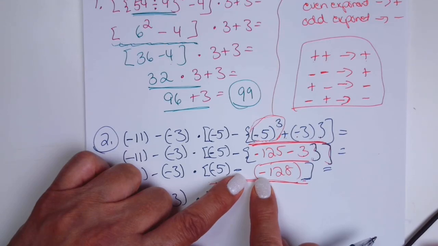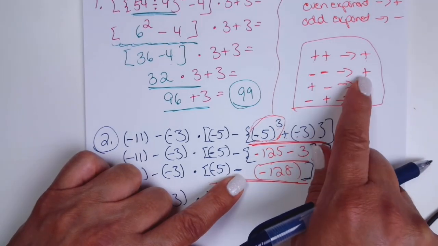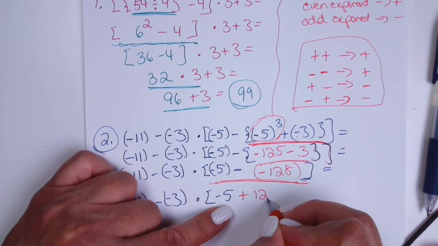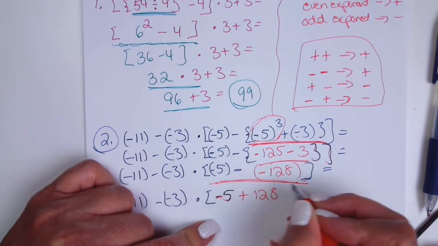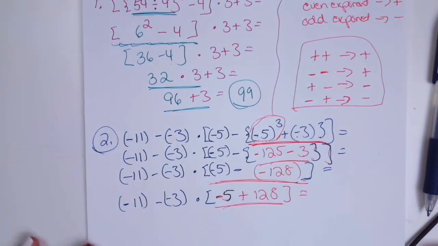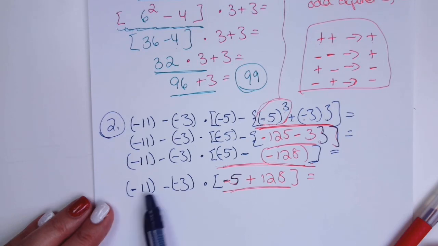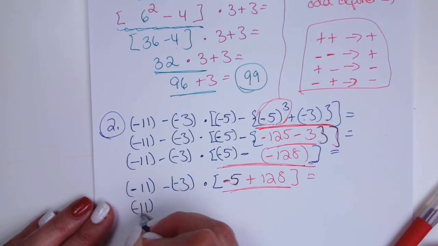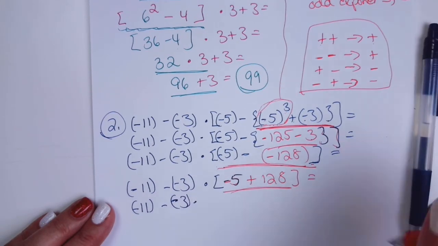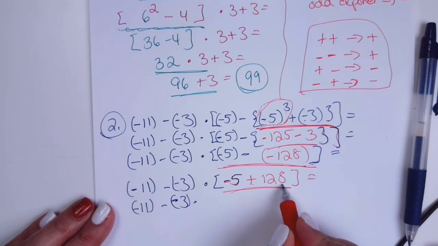Now we have a negative and a negative, a negative and a negative. That makes a positive. So this is going to be a plus 128. And we are working this problem here. So we're still keeping these the same, -11 minus -3 times -5 plus 128.